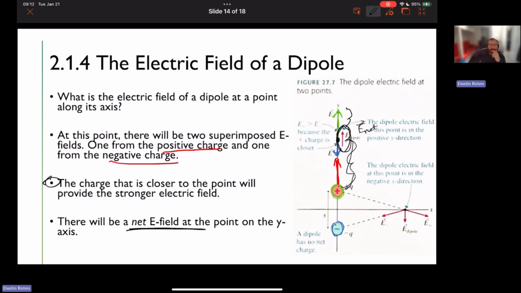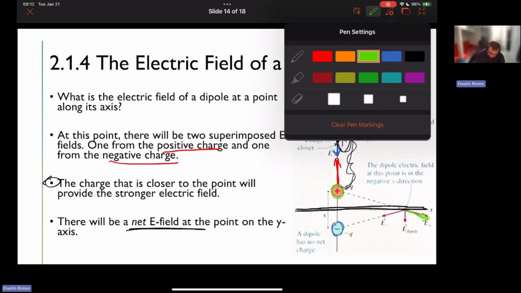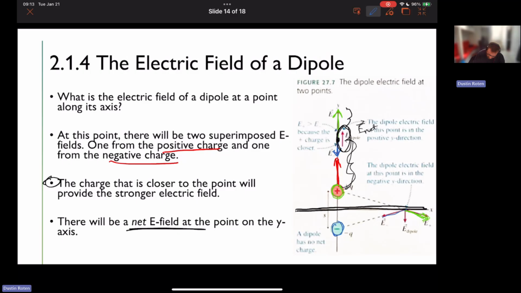Now we can do the same thing with this axis here. What if we were on the plane of the dipole? What you'll notice, I'll do this quickly, is we get this green vector from the positive charge, and we get the electric field in the direction of the negative charge.